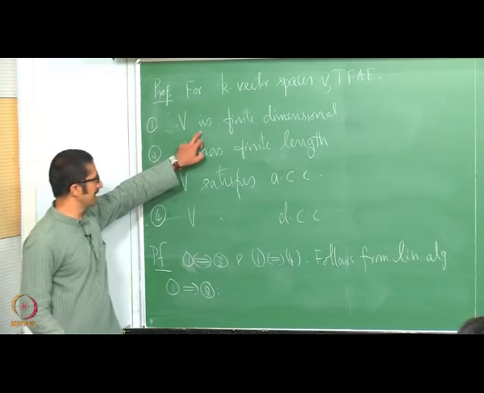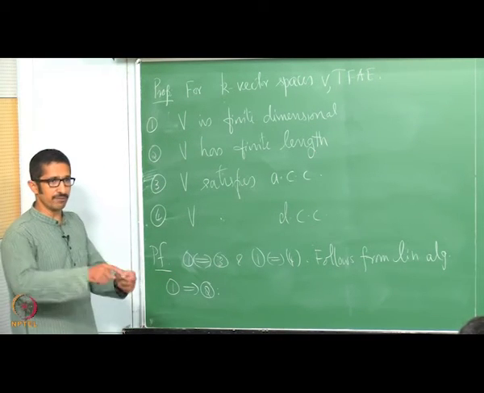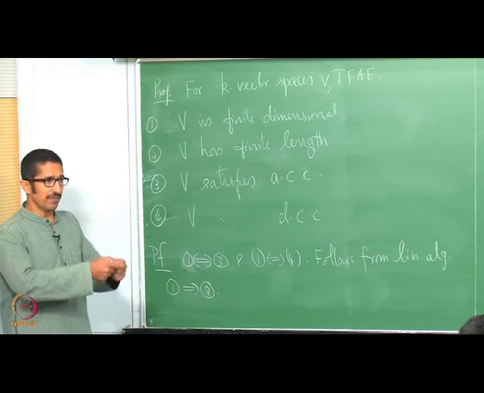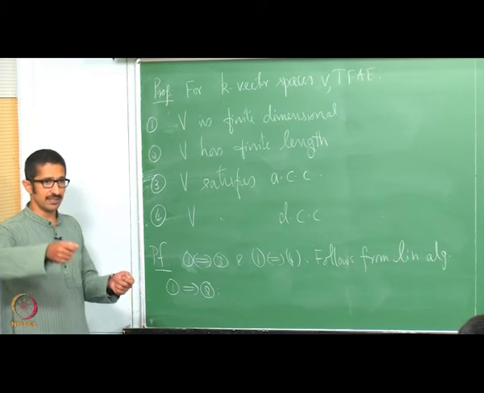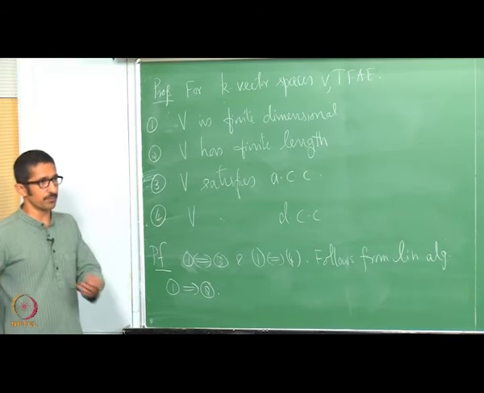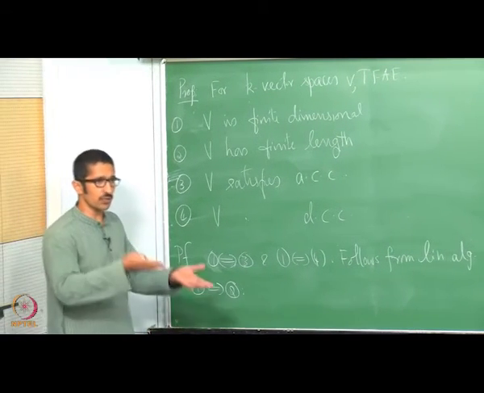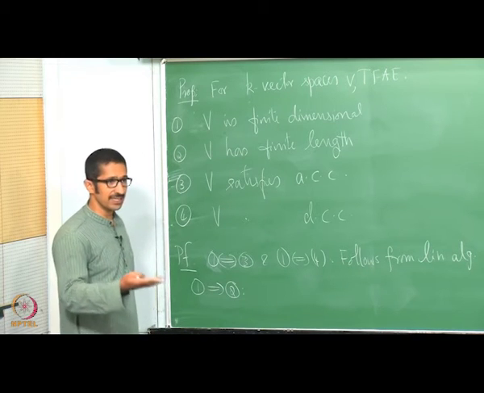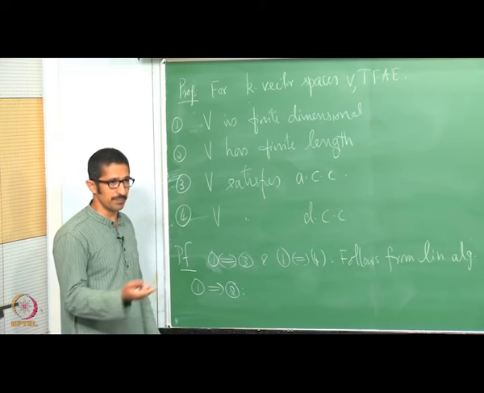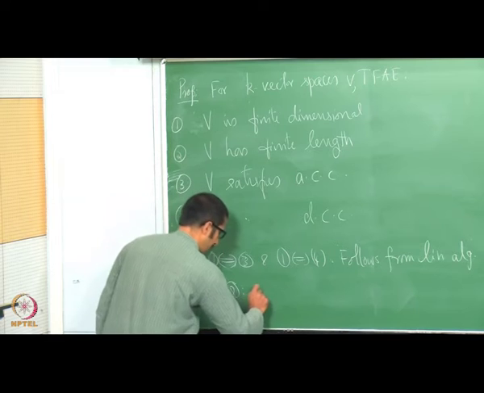If it is a finite dimensional vector space, I can take a basis V1, V2 up to Vn, then you can have a composition series: the span of V1 up to Vn, containing the span of V1 up to Vn minus 1, containing the span of V1 up to Vn minus 2, and so on up to V1 and then 0. Each quotient will be isomorphic to K, a one dimensional vector space. So, therefore, it will be simple. So, therefore, 1 implies 2.